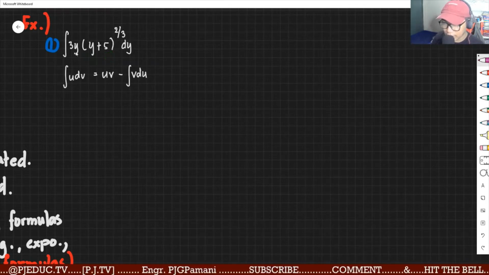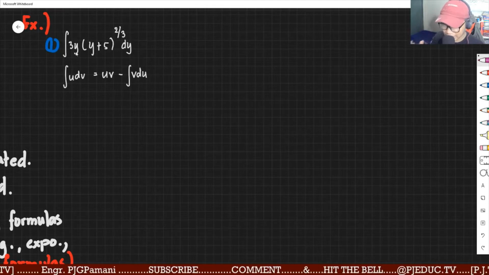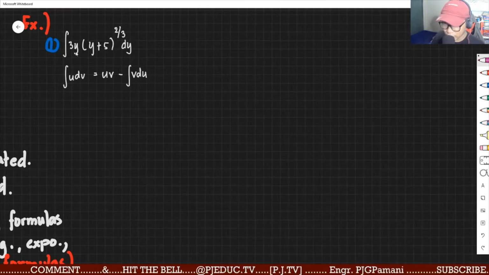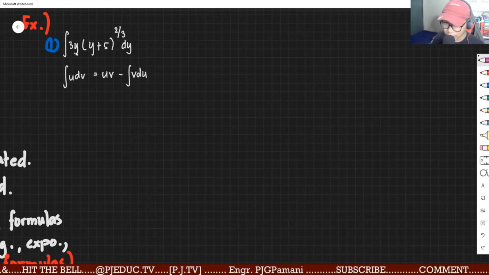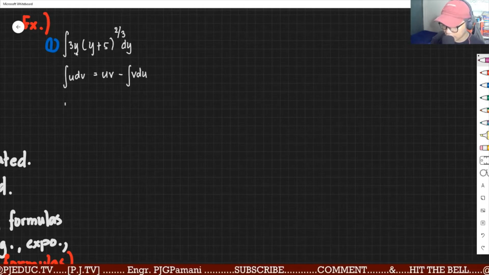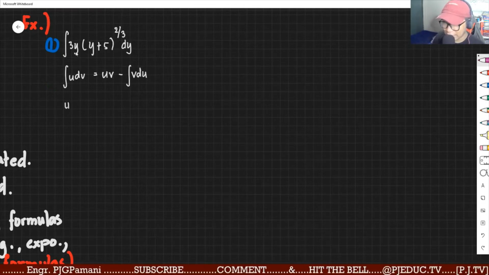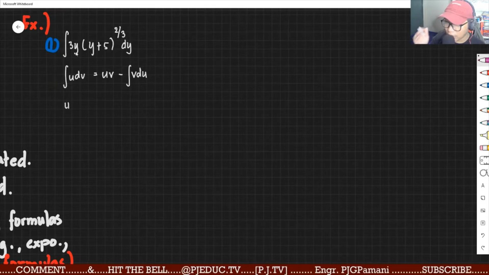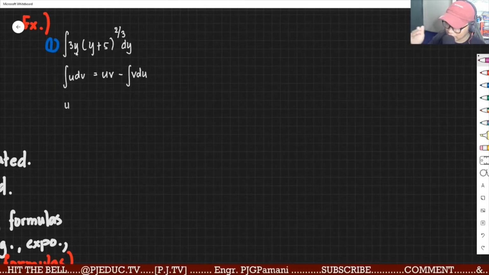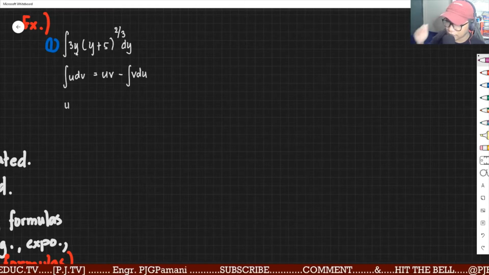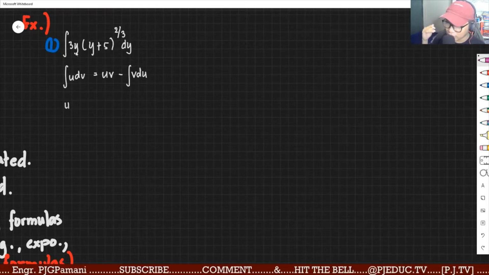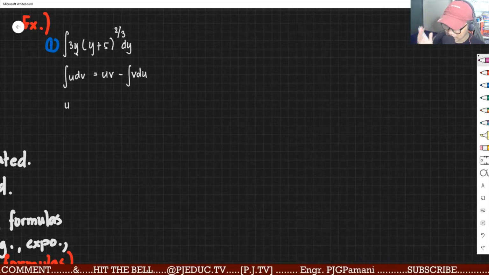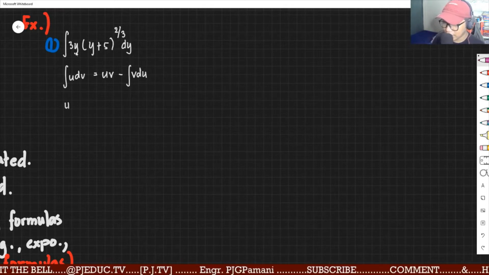Now, we need to find two functions. For u, this is what we always consider in this particular method: consider a function u that, if you differentiate it later on, should have an ending differential form equal to 0. So while you differentiate it continuously, first differential, second differential, it should end at 0. That is the function we will use.